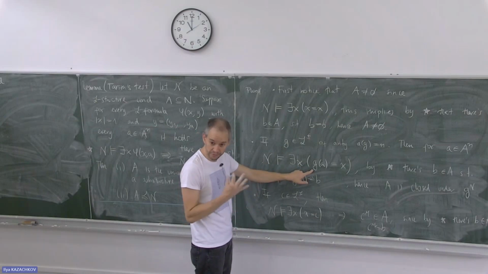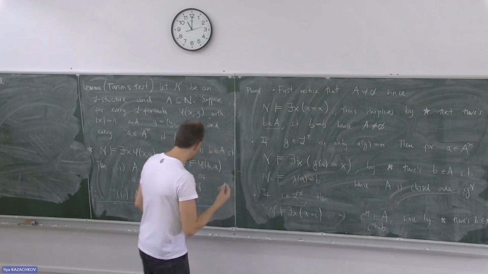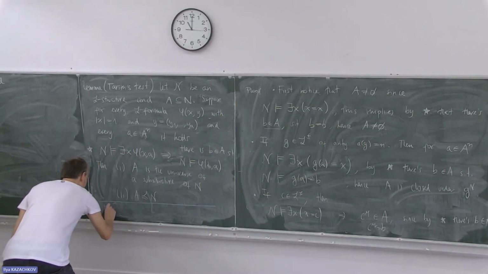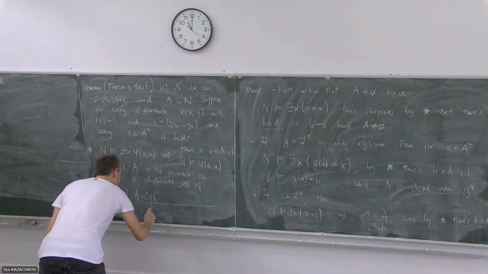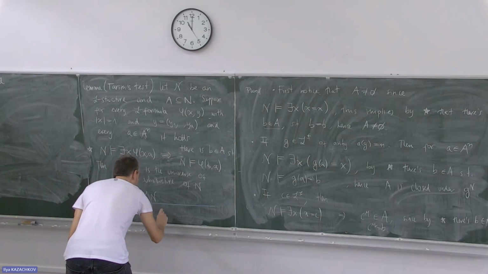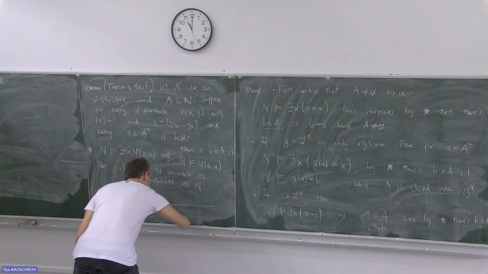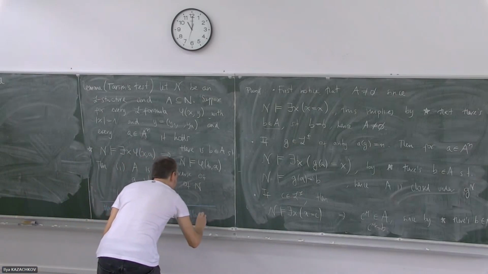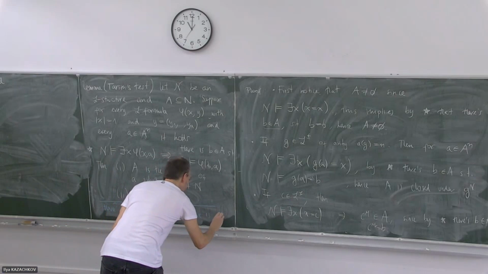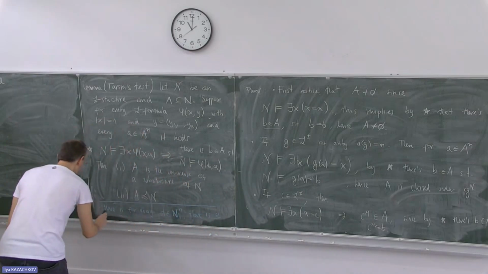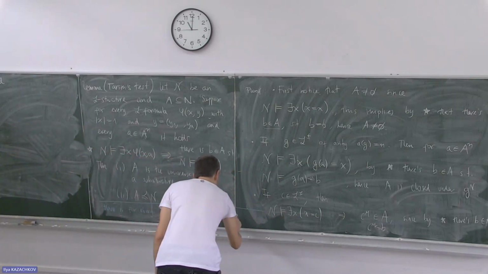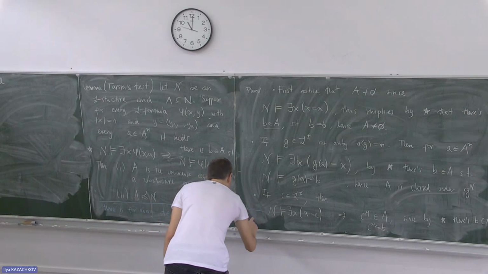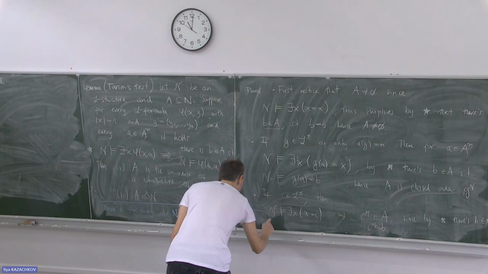So you know this is an actual function on N. You know that for every tuple d in N to the n, there is some e in N such that G of d in N is equal to e.